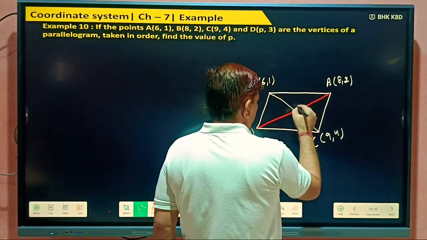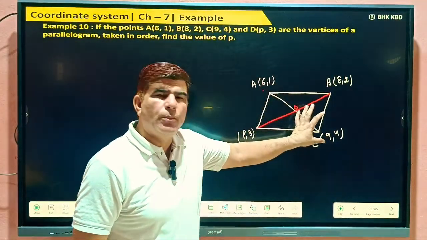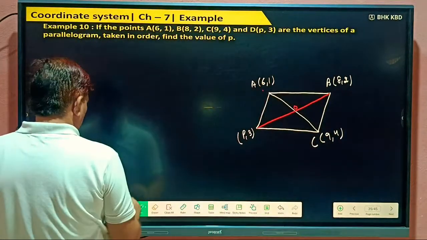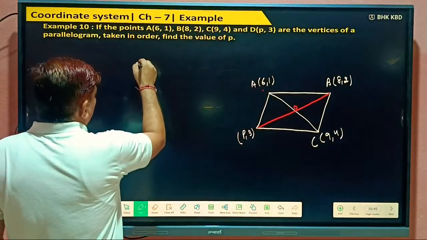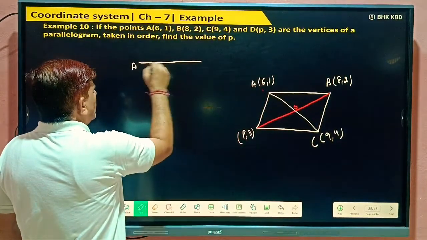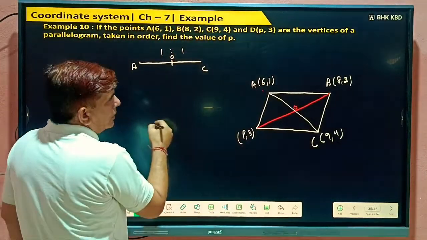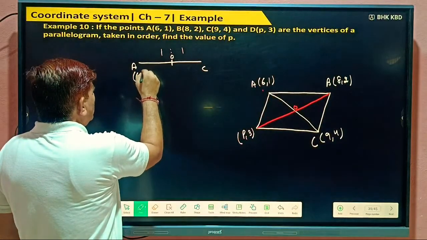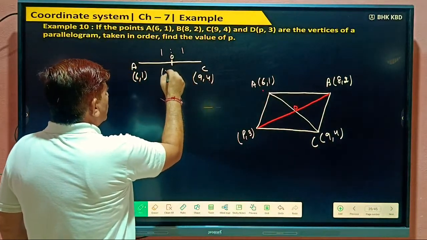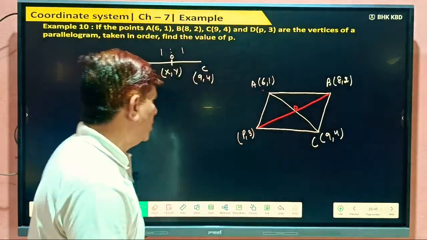They intersect at point O. So AO and OC are equal, divided 1 to 1. So we can take the line segment AC, and this point O divides it 1 to 1. The coordinates of A are 6 and 1, the coordinates of C are 9 and 4, and let the coordinates of O be X and Y.